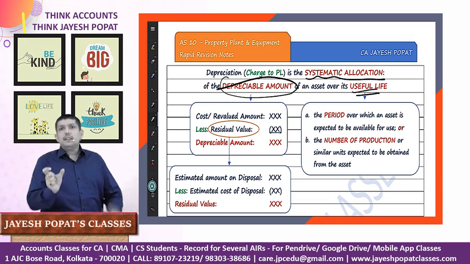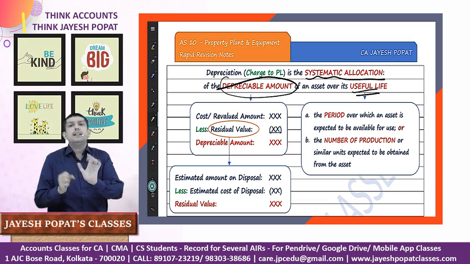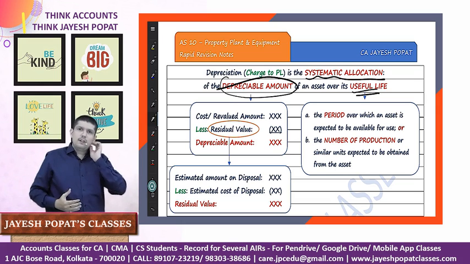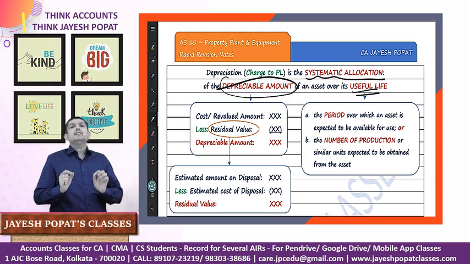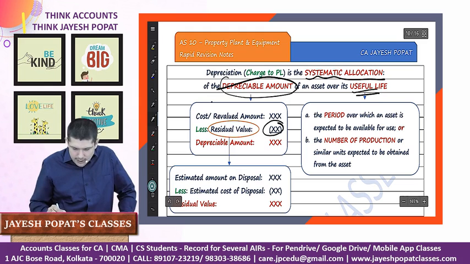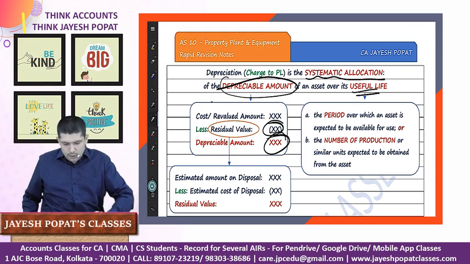So my effective cost becomes 90,000. 1 lakh I have incurred, 10,000 I will get. 90,000 is my cost which I need to allocate over the period of 5 years. So this 90,000 is nothing but the depreciable amount. The depreciable amount is basically the cost minus the residual value, which you need to apportion over its useful life.